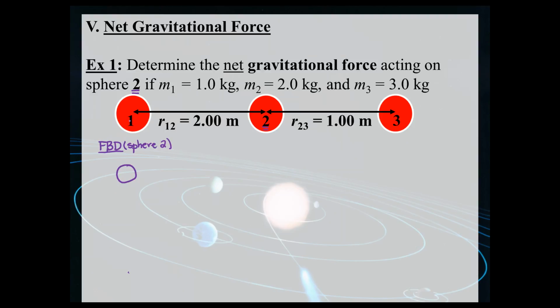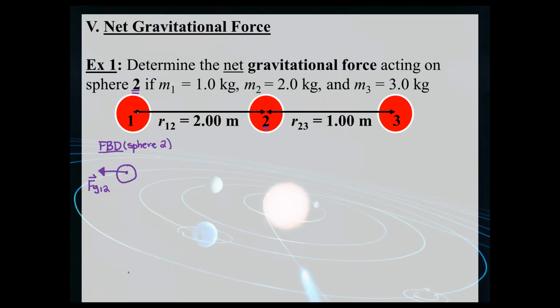Well, object 1 would exert a gravitational force on 2 that would make it attract towards it. Therefore, if I'm sphere 2, I feel that gravitational force pulling me towards the left. And we'll call that F_g12, the gravitational force between objects 1 and 2.